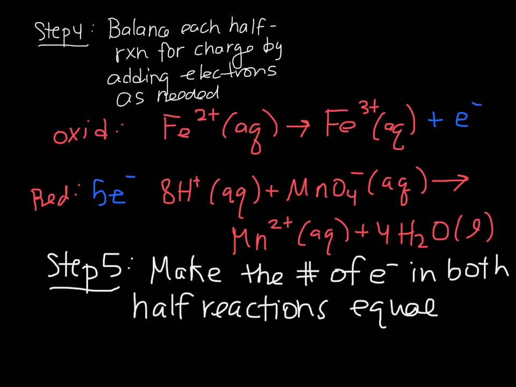In this case, we have 5 electrons in the reduction reaction and we have 1 electron in the oxidation reaction. So we are going to multiply the oxidation reaction through by 5. So we end up with a 5 here, and a 5 here, and a 5 here. So that's step 5.